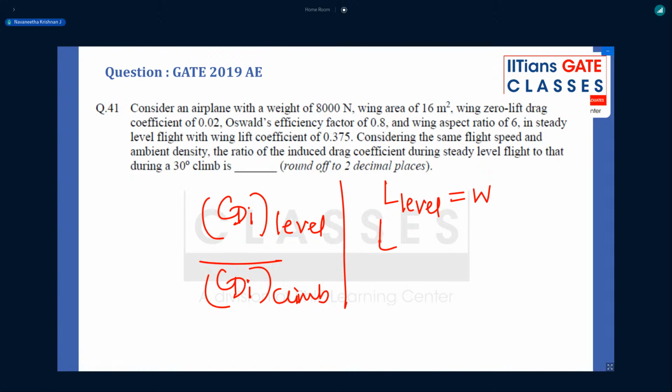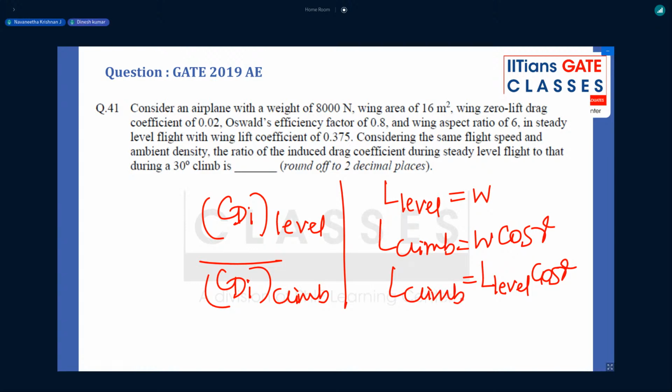For climbing flight, lift is W cos gamma. So I can rewrite this: weight is the lift of level flight, and lift for climbing flight is the lift of level flight times cos gamma.